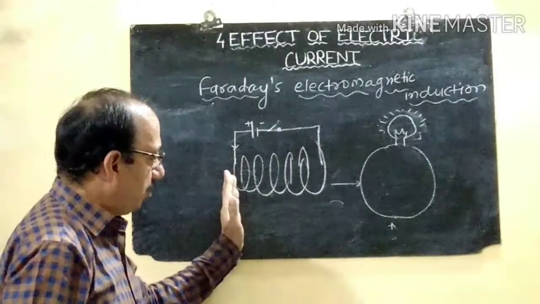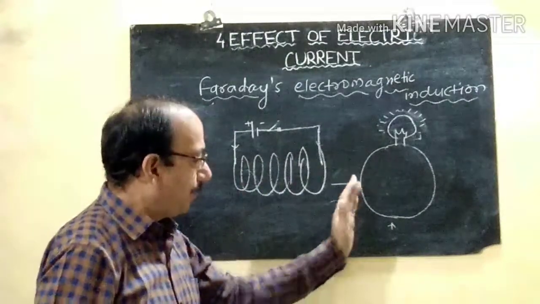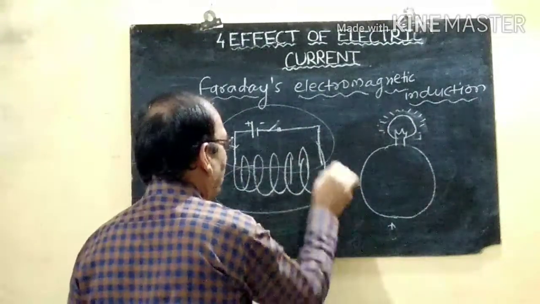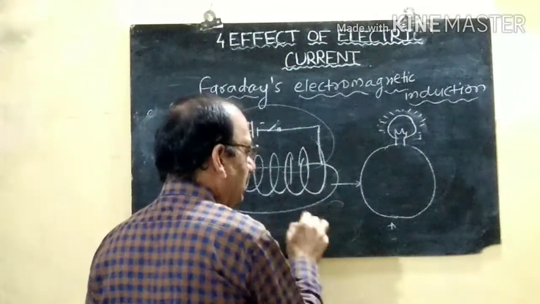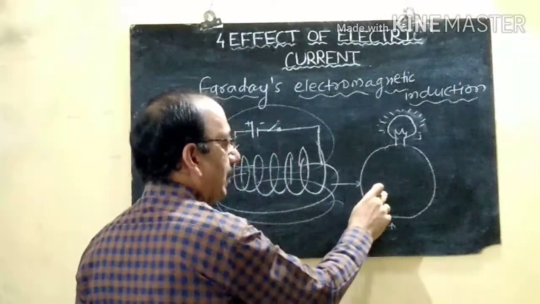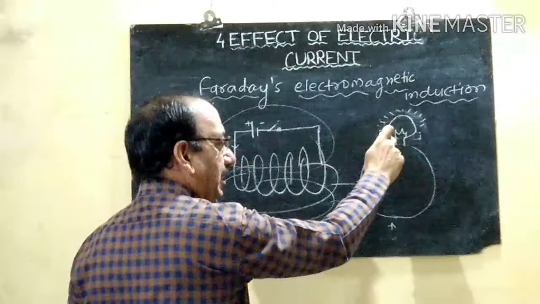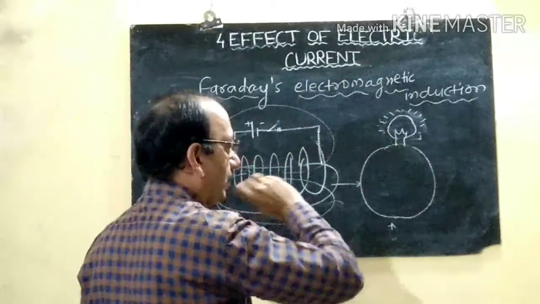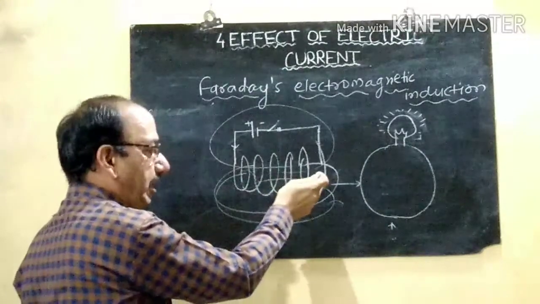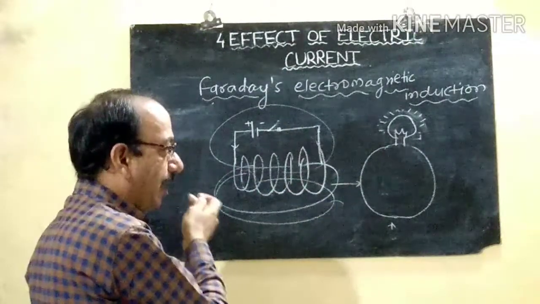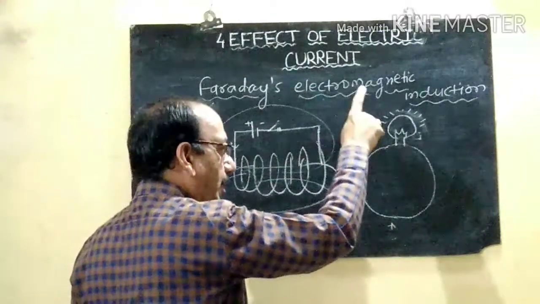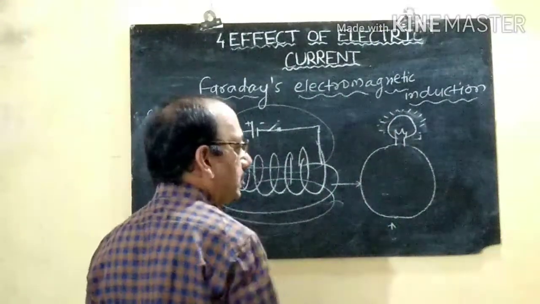When we move this solenoid coil towards this coil, the intensity of the magnetic field produced by this solenoid coil increases, and at that time an electrical current is produced in this coil. When we bring this solenoid coil away from this coil, the flash occurs again in this coil.